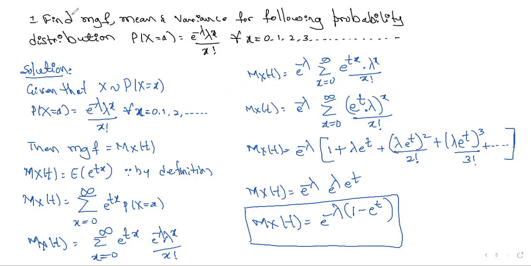The first one, the MGF, is clear. Then we go for mean and variance. To get the mean, mu1, how can I get it? It is d by dt of Mx of t with t equal to 0.